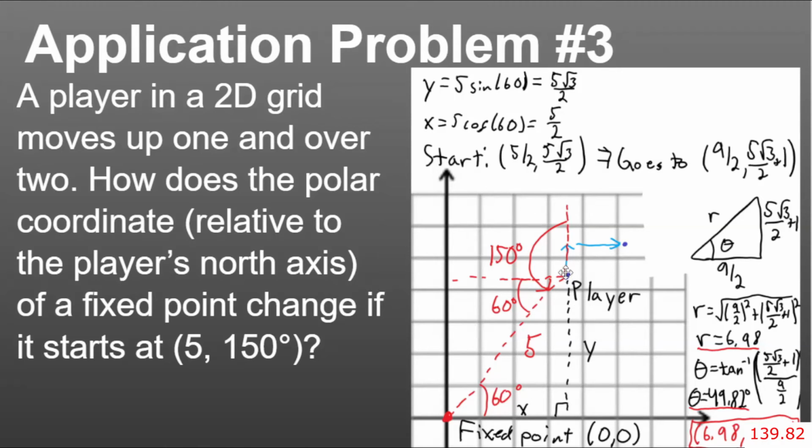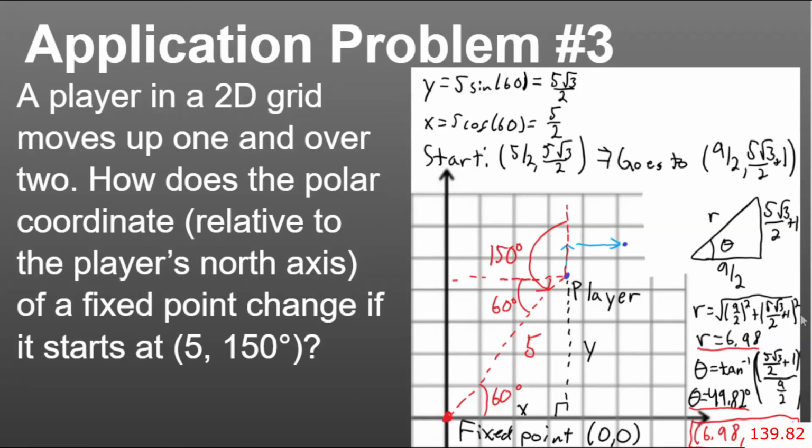So we know we start at that point, 60 degrees, x is 5 over 2, y is 5 root 3 over 2, radius is still 5, and we're going to go to 9 over 2, or 5 over 2 plus 2, to 5 root 3 over 2 plus 1, because we're going up 1 and over 2.